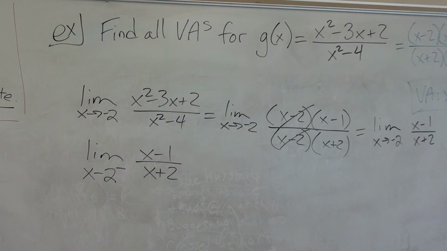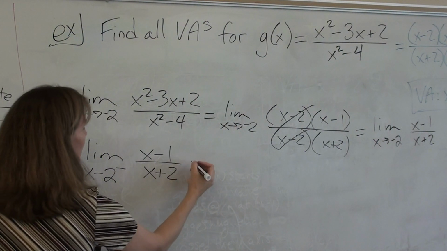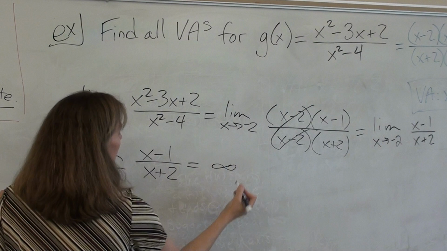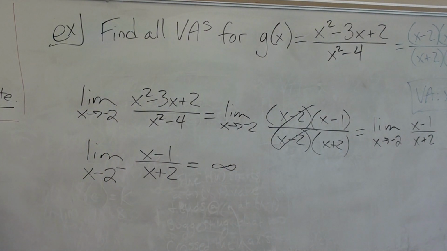Because this is a regular rational function, I know that this function is going to approach either infinity or negative infinity on both sides of the vertical asymptote. If it was a logarithm, it'd only be one. If it was piecewise, it could be who knows what. But here, regular rational function, it's got to go either up or it's got to go down on both sides. So I know this limit is going to be infinity. I just don't know if it's positive or negative.